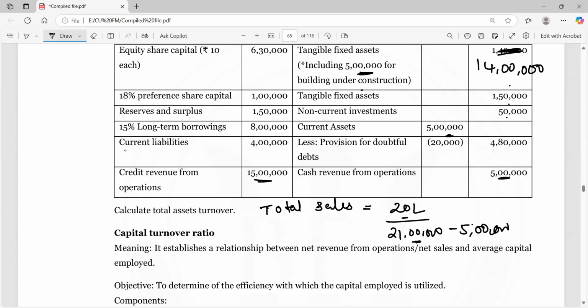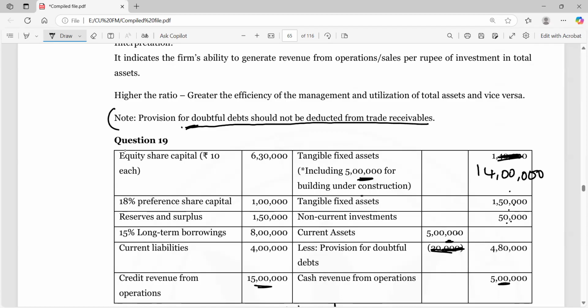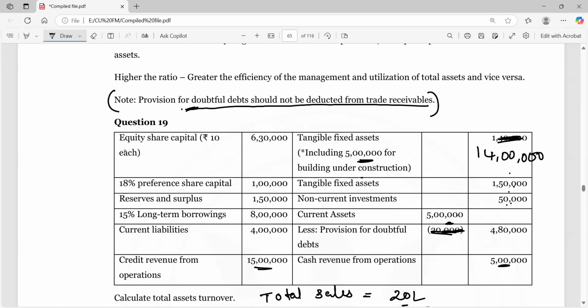Clear? Did you all understand this point? If you have any doubt in this, clear to everyone. Is there anyone who wants me to explain it? 14 plus 150 plus 50 plus 5. Provision for doubtful debt should not be subtracted. That is sales, cash revenue, not cash in hand. This is not a balance sheet.